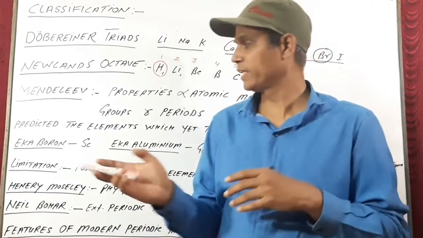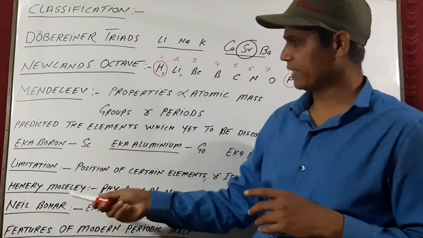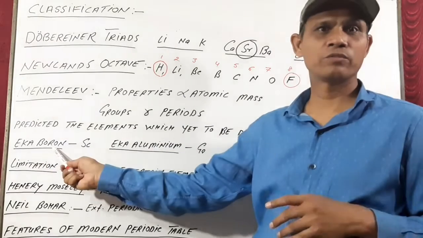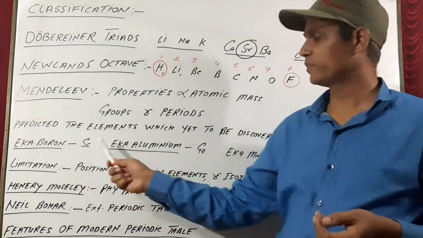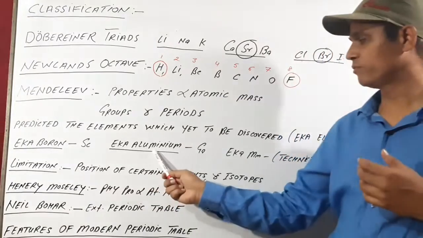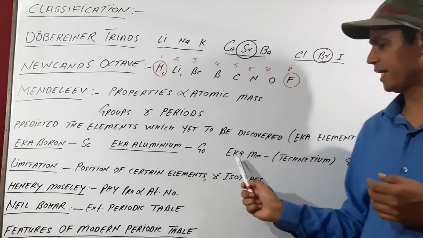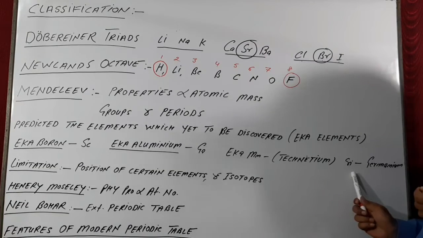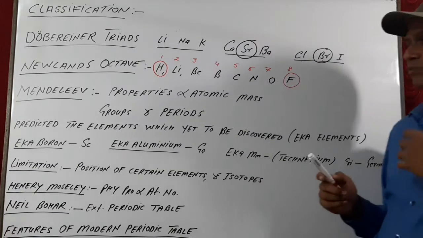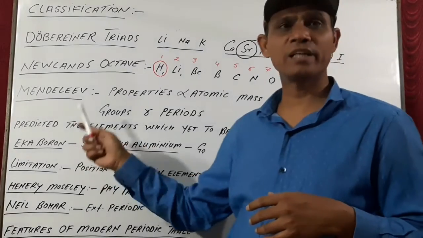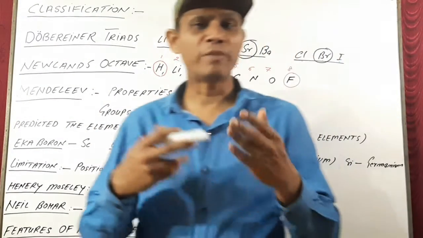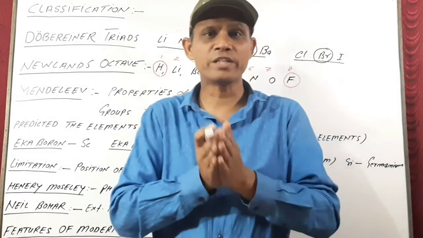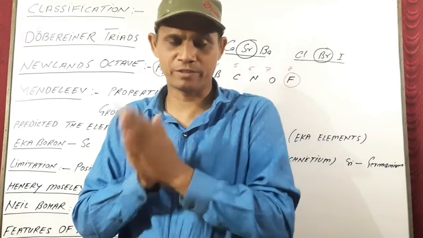For example, he predicted this element, Eka boron, which is scandium, then Eka aluminium, which is gallium, then Eka manganese, which is titanium, and then Eka silicon, which is germanium. So all these elements were discovered later, and Mendeleev predicted them in advance. This was the advantage of Mendeleev's periodic table.